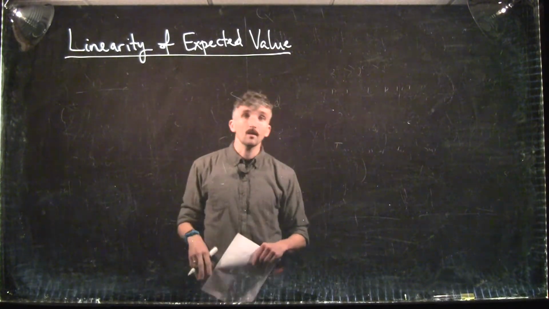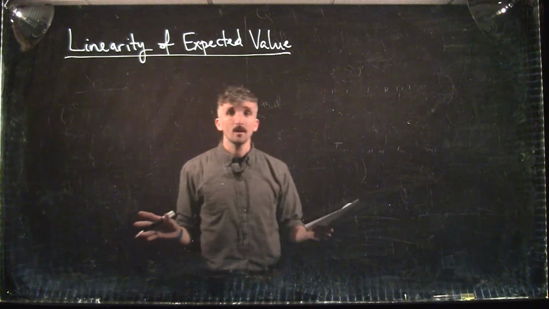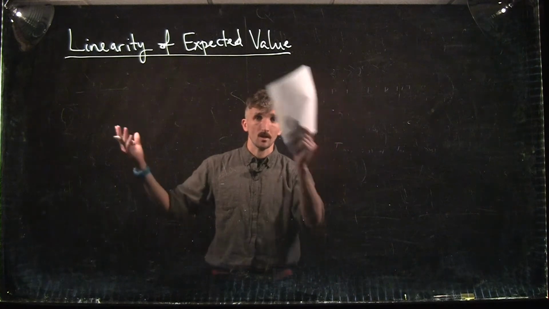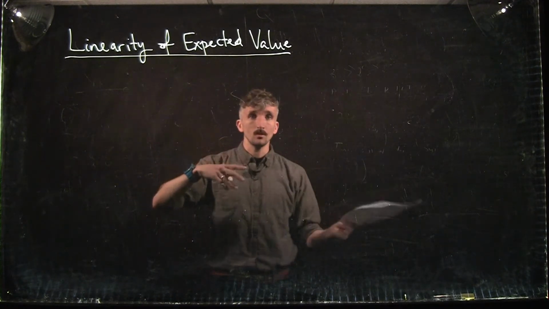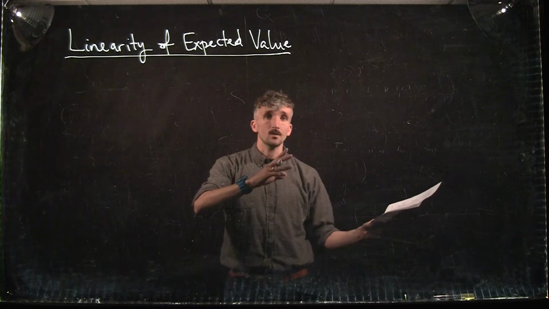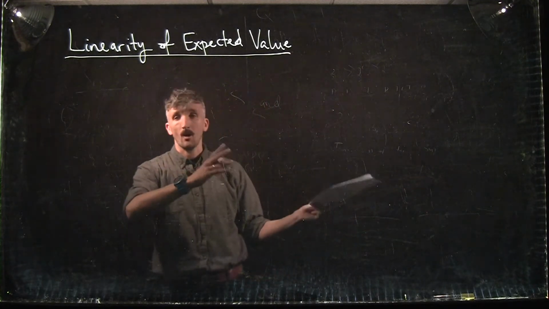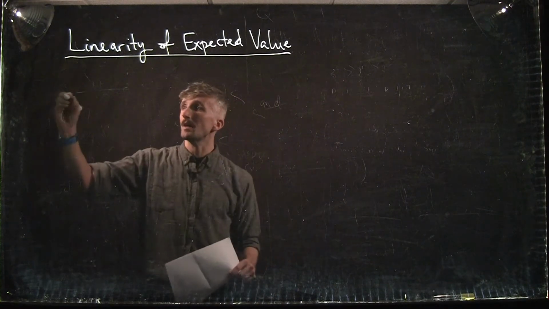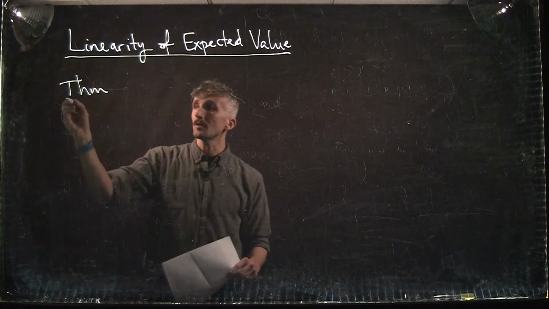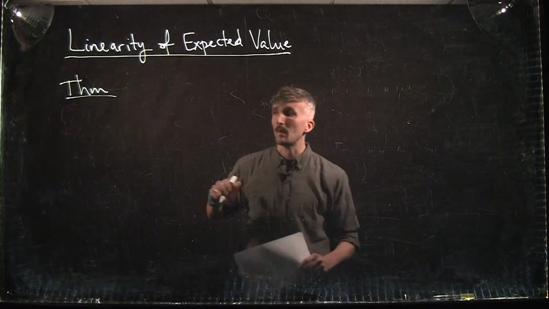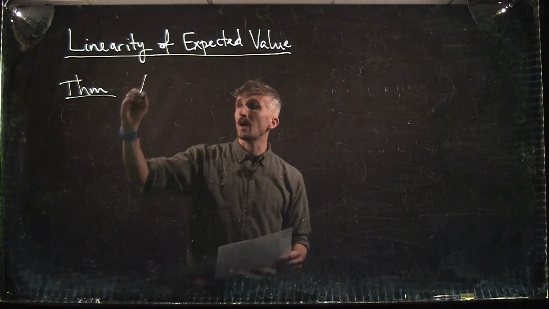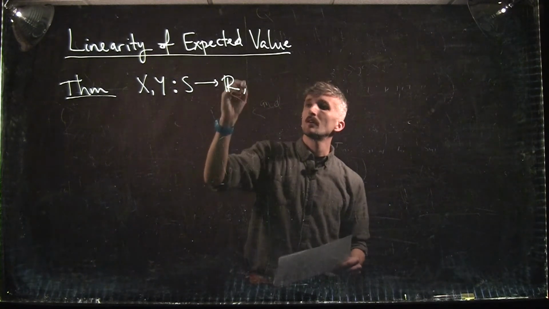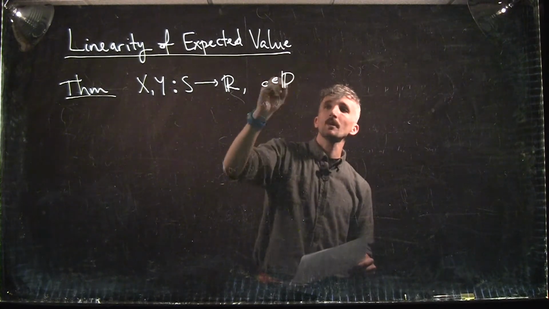Again, for those who are taking or have taken linear algebra, this is actually saying that expected value is a linear transformation from the vector space of random variables to the one-dimensional real vector space R. You don't need to know that terminology whatsoever to take this class. Linearity is also just the following theorem that I'm about to state. So here X and Y are random variables, and c is some real number.